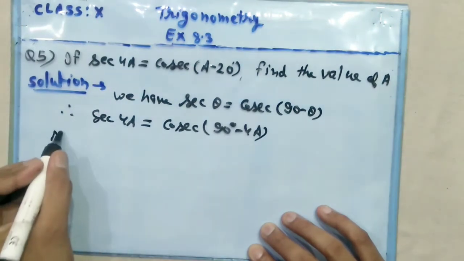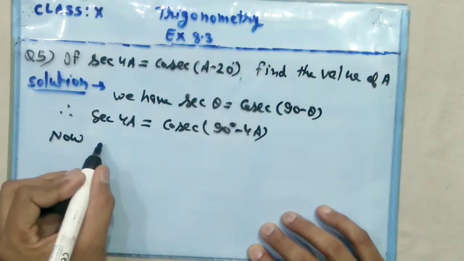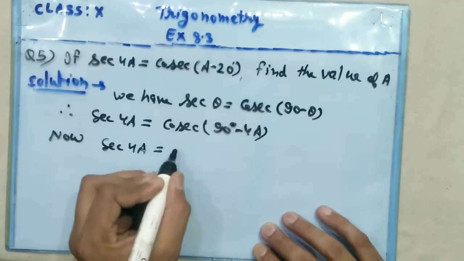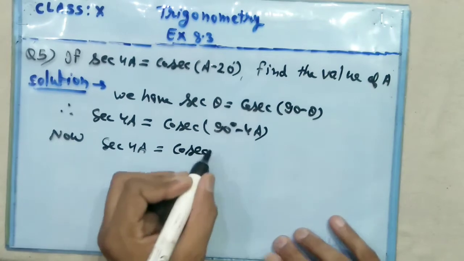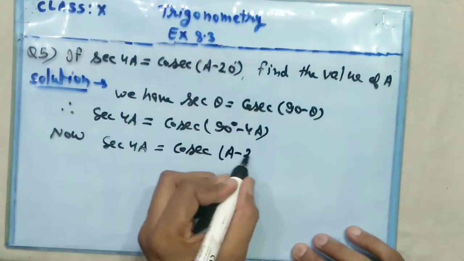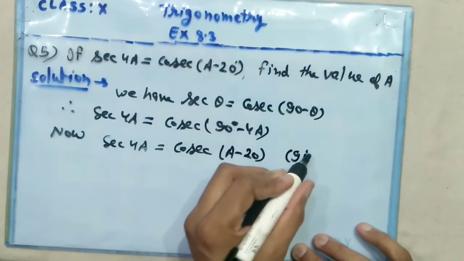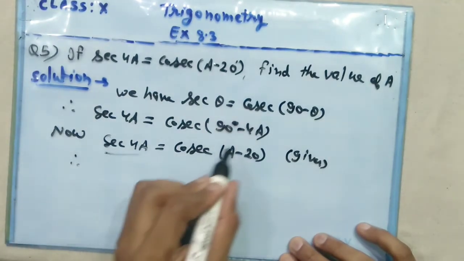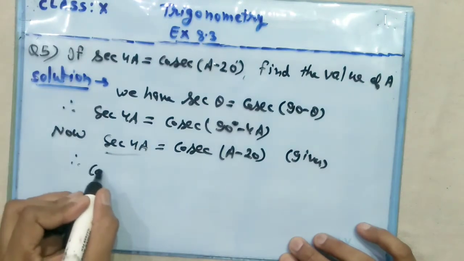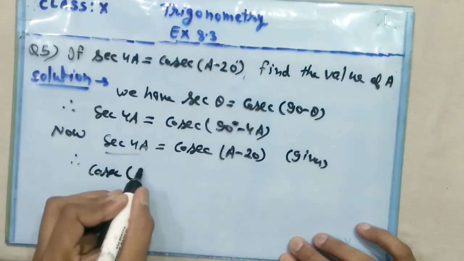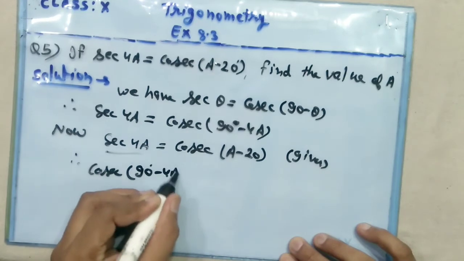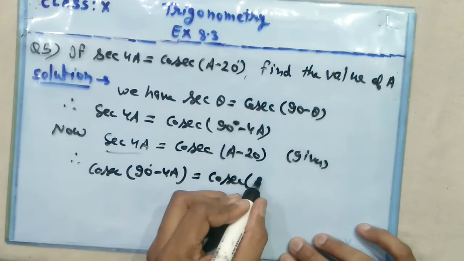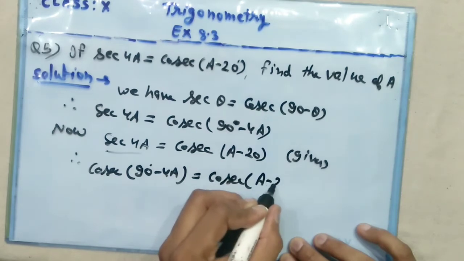Now, sec 4a is equals to cosec a minus 20. This is already given. Therefore, in place of this sec 4a, I need to write this cosec 90 minus 4a is equals to cosec a minus 20.